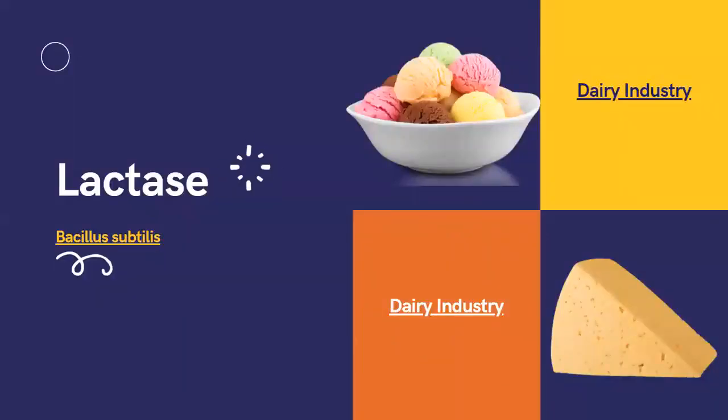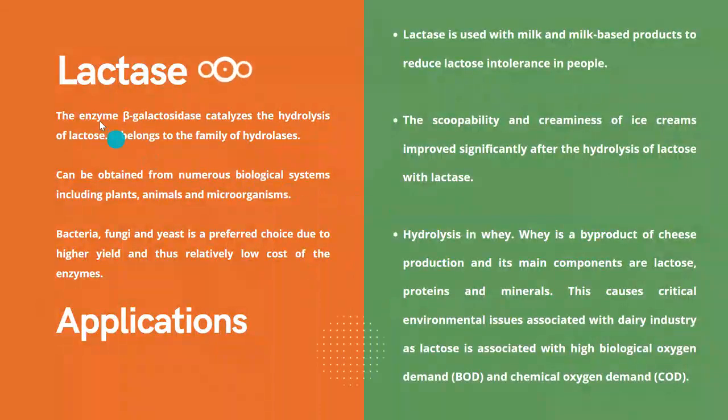Now coming to the next enzyme, that is lactase. If you see lactase, it's majorly used in the dairy industry, especially in ice creams, and also again in the dairy industry for cheese. Lactase is an enzyme obtained from Bacillus subtilis. Lactase enzymes catalyze the hydrolysis of lactose.